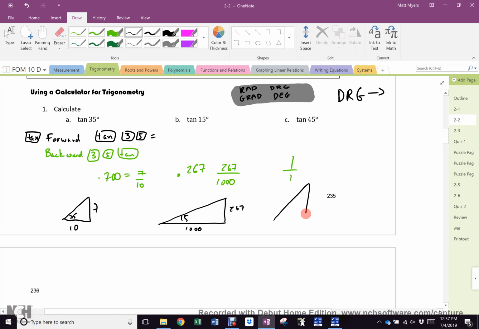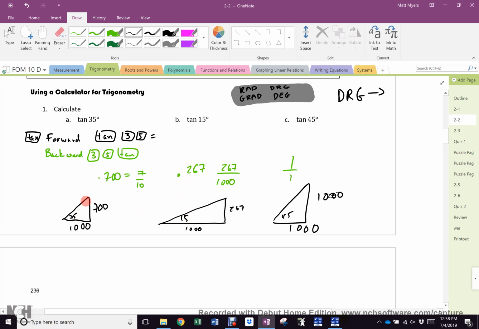If I did 45, which is bigger than that, this would be what? 1, and this would be 1. Now, if I make all of them thousands, this would be 700 over 1,000, 267 over 1,000, and 1,000 over 1,000. Right? As you can see, as the angle gets bigger, the decimal gets bigger as well.